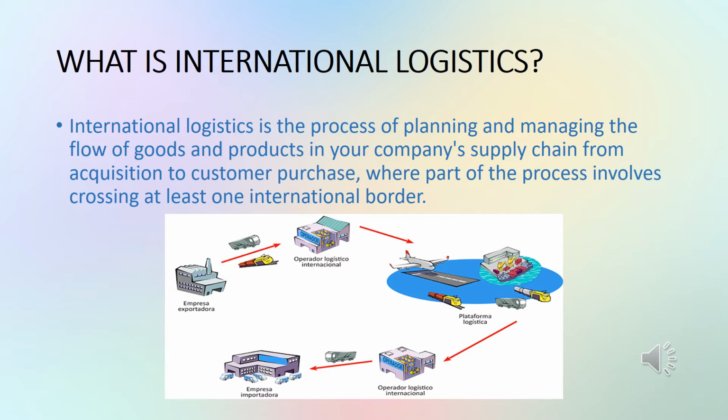For example, we can look at the picture that I gave, from Empresa Exportadora, using road transport, they deliver their items to the international logistics operator, then they use airways to transport to another country, to the platform of logistics, to transfer to the international logistics operator, and finally they can deliver their products to Empresa Importadora.